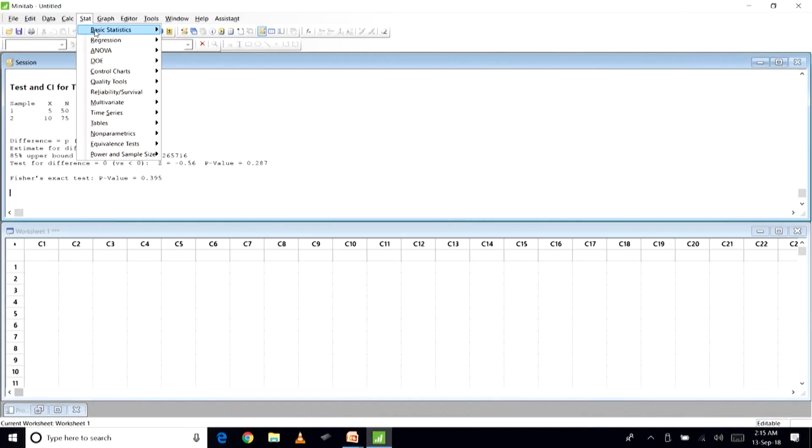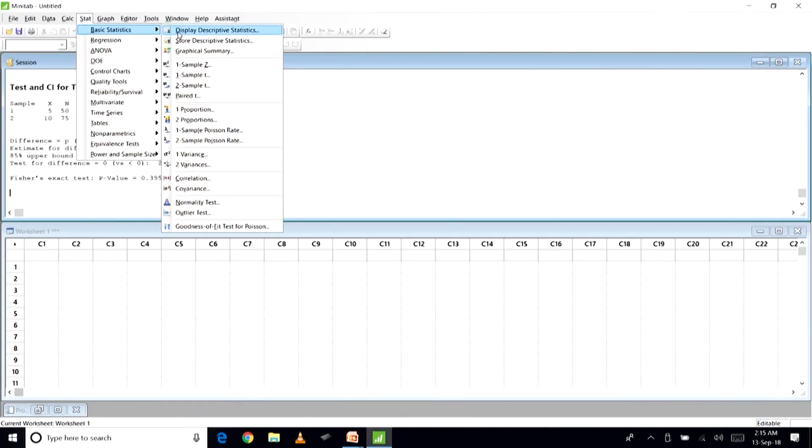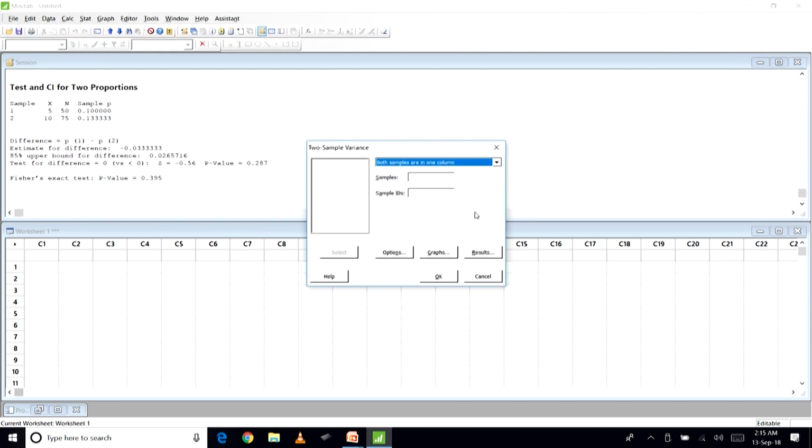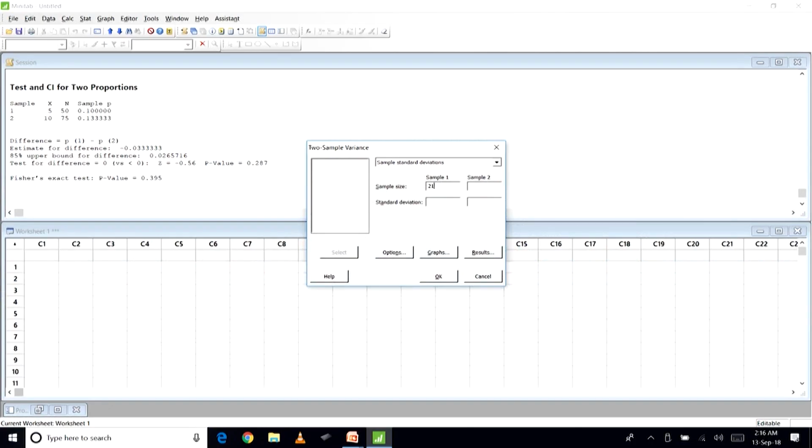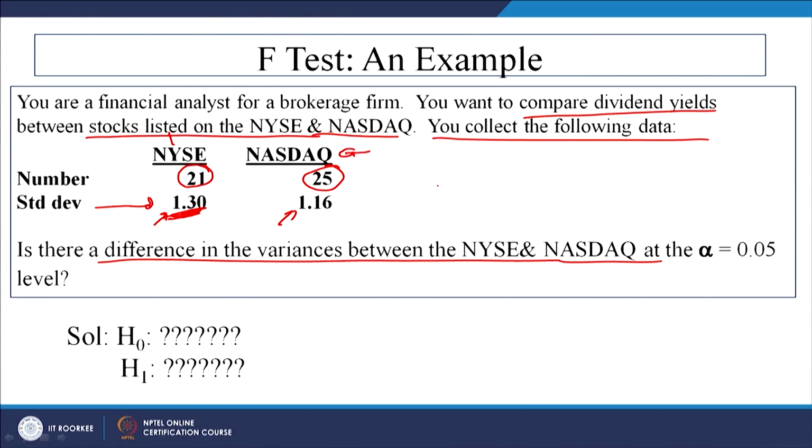So, we will work out this example using Minitab. We go to Stat, Basic Statistics, Two Variances. We enter the sample sizes and sample standard deviations: the sample size is 21 with standard deviation 1.3, and 25 with 1.16.